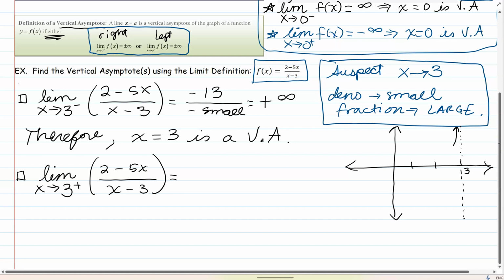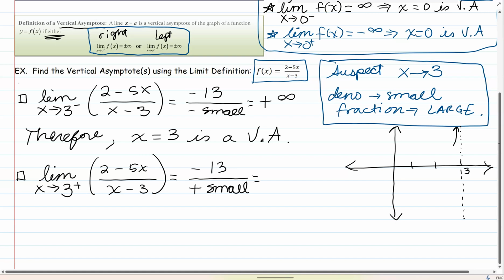In similar reasoning, when x is approaching 3 from the right, you are looking at a number a little bit bigger than 3, minus 3, which is a small positive value. Then 3 times 5 is 15, and 2 minus 15 is still roughly negative 13 in the numerator.